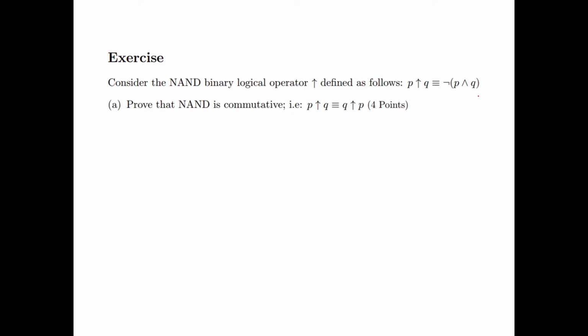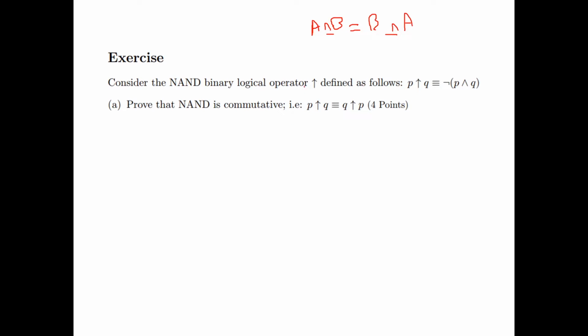So, how can we do it? We want to use equivalence rules. Like for example, let's say you have A and B. That's equivalent to saying, for example, B and A, because we know that the normal AND is commutative.